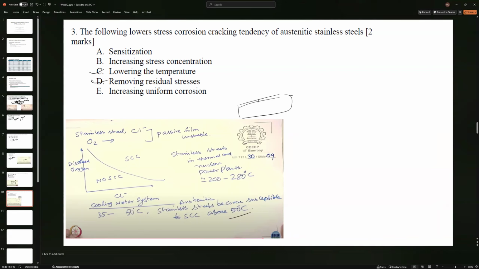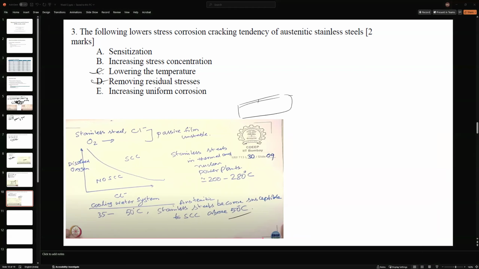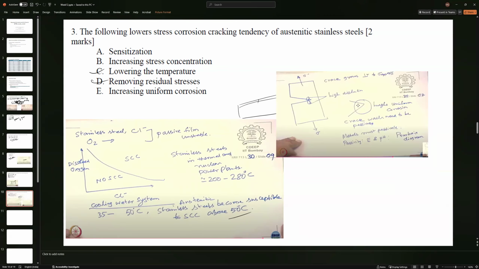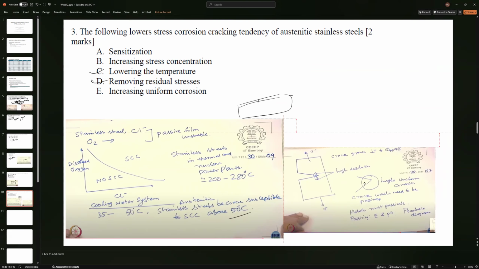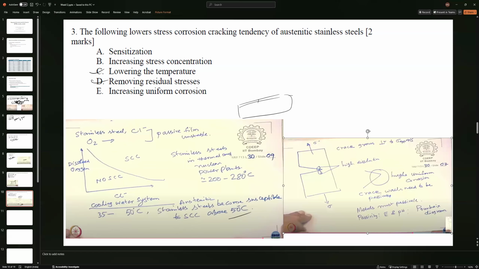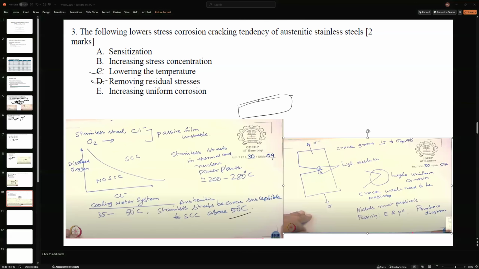Uniform corrosion is also a correct answer. So what will happen in uniform corrosion? Your crack tip will become blunt.